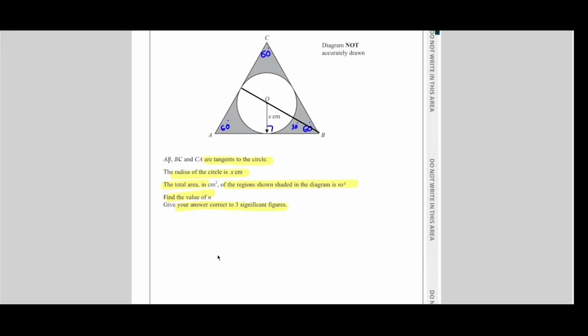It is related to the area of the shaded region. Now I'm thinking like this. How do I get the area of the shaded region? Area of the triangle. Then how do I get the area of the triangle?